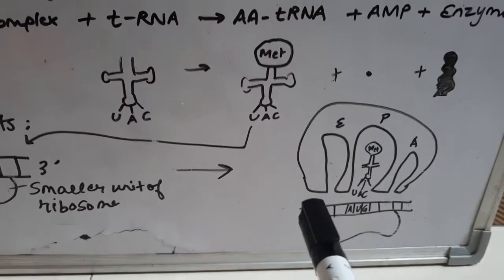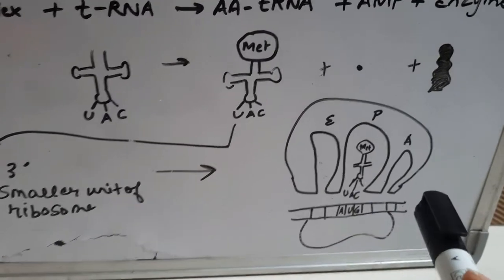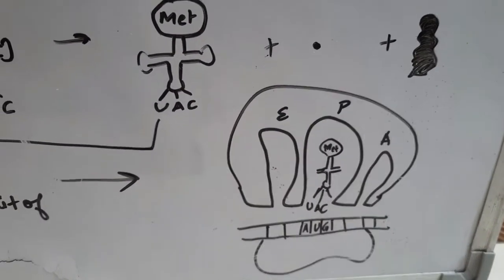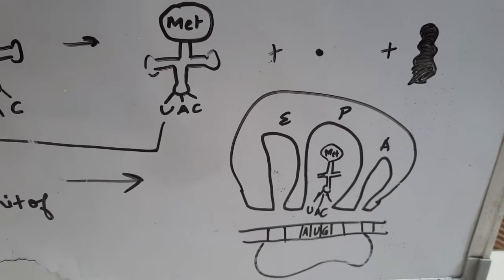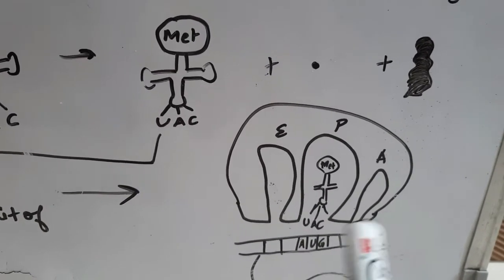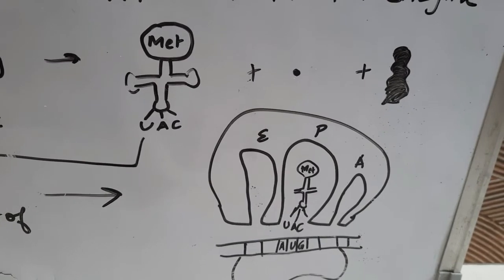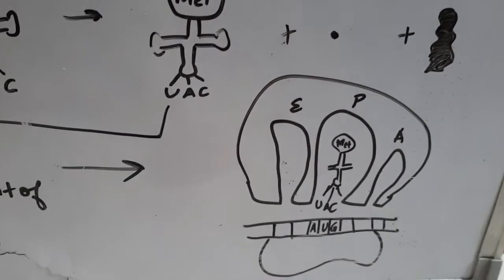Next, there is the attachment of the larger subunit. The larger subunit attaches in a way that the amino acid comes at the P site. As I have already told you, there are 3 sites. The charged tRNA for AUG, the initiator codon, will have UAC at the anticodon loop and methionine at its amino acid acceptor arm.